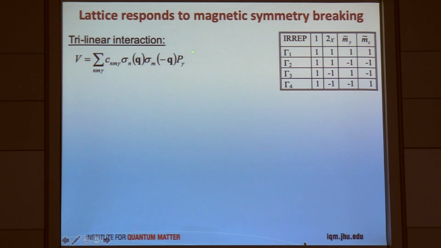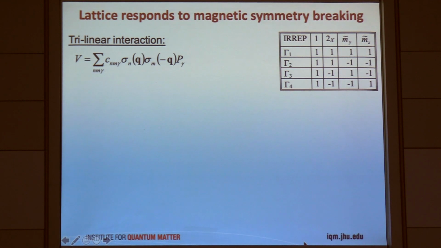It has the ferroelectric polarization along a specific direction, and then two magnetic order parameters, or two components of magnetic order parameters, are required in order to conserve momentum. So there has to be a plus q and a minus q, and then we go and sum over all of the components of the magnetic order parameter and the direction of the electric polarization.